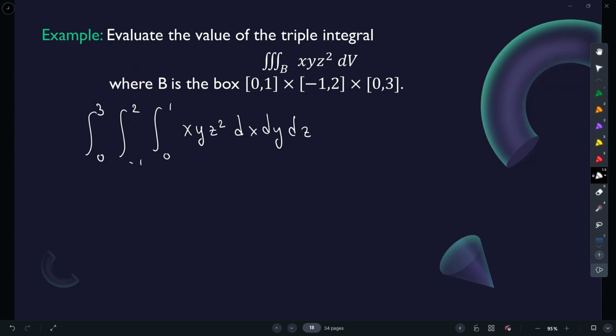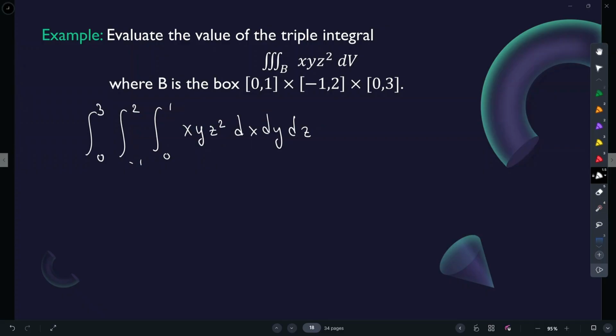The most important thing to keep track of is that the order here coincides with the order of the intervals. These are the bounds for x, the bounds for y, and the bounds for z. So they have to coincide here and here.